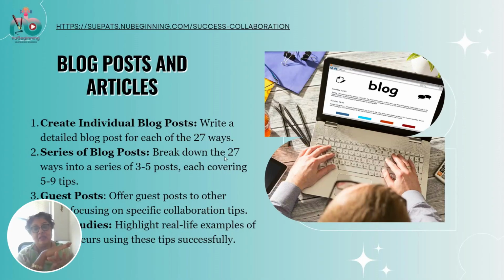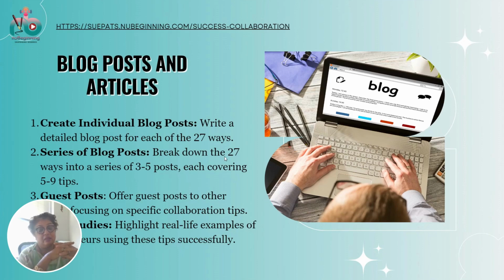It can be any long-form content. You can always create a blog post from that. You can elaborate each and every point, and tell how those collaboration tips are very useful for any business growth. You can have a series of small blog posts. Break down the 27 ways into a series of 3 to 5 posts, because I don't know what kind of readers and audiences you have.